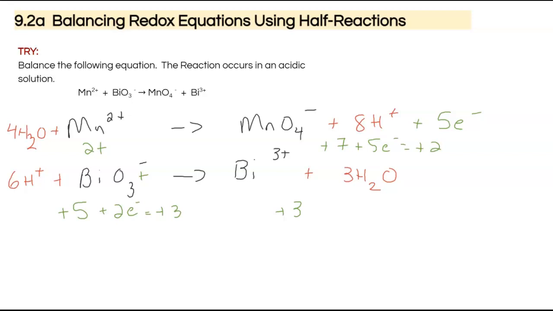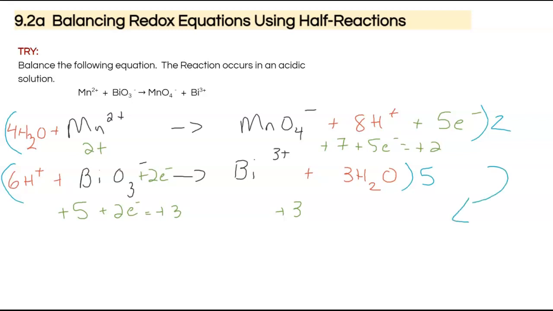So plus 2 electrons. All right, so now I see that I have my charges balanced. I've got 5 electrons over here, and I've got 2 electrons over here. The common denominator is 10, which means that I'm going to need to multiply this whole first reaction by 2 and this whole second reaction by 5.